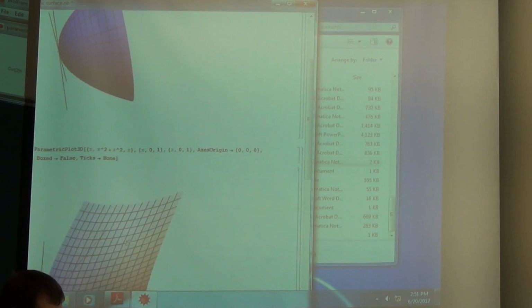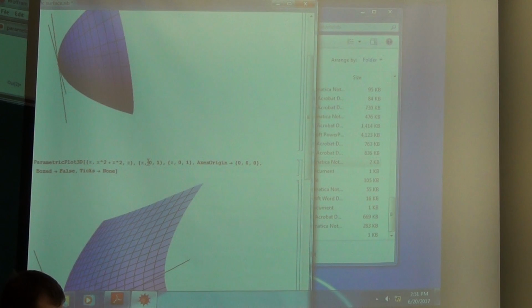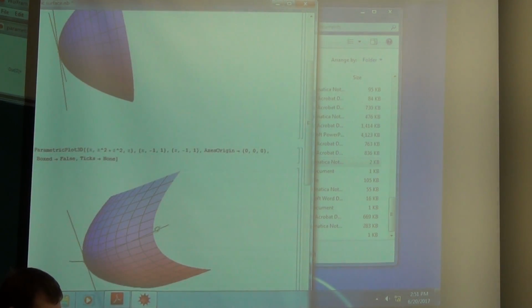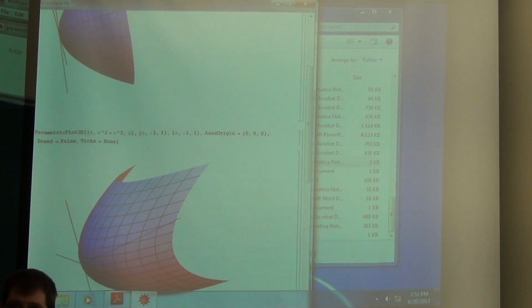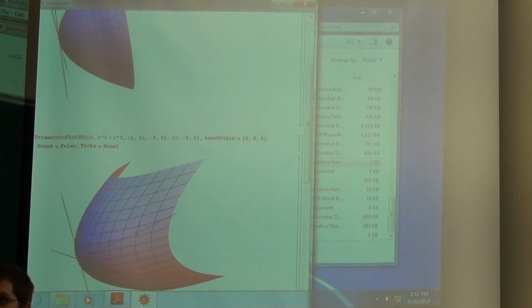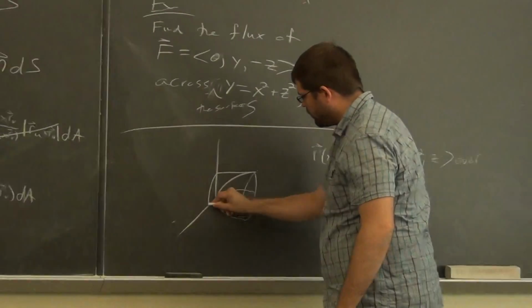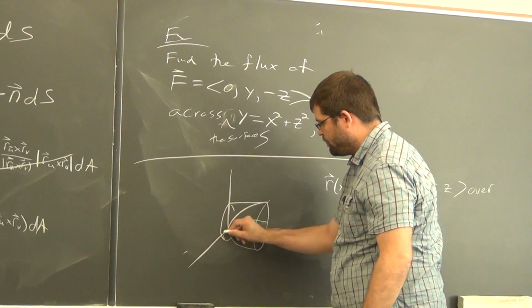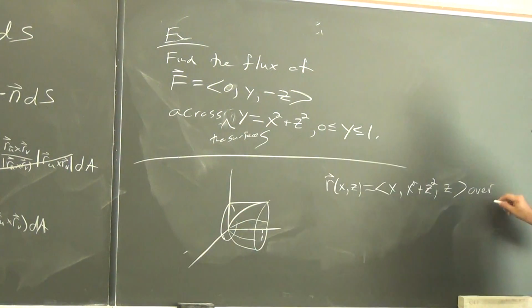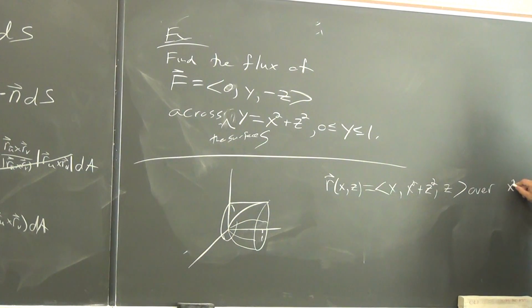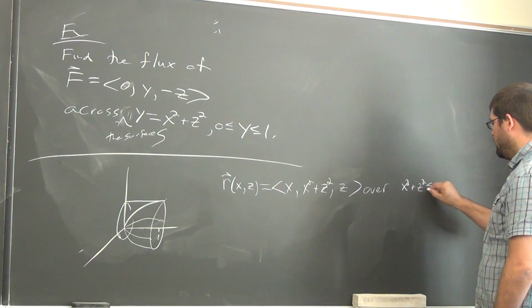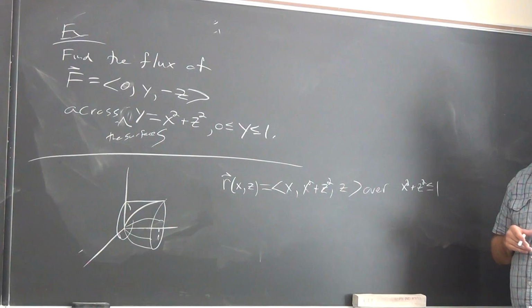Or I think you said negative 1 to 1. Same problem: you still aren't getting the whole surface. You're losing these little pieces because you're integrating over a whole rectangle. But what should you really be integrating over? Not a rectangle, but a circle that corresponds to that. So this is over x squared plus z squared less than or equal to 1, over the unit disk. Does that make sense?